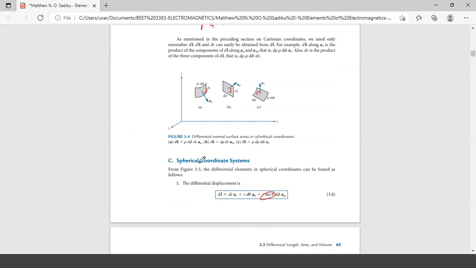The third one is the spherical coordinate system. The spherical coordinate system is r, theta, and phi.